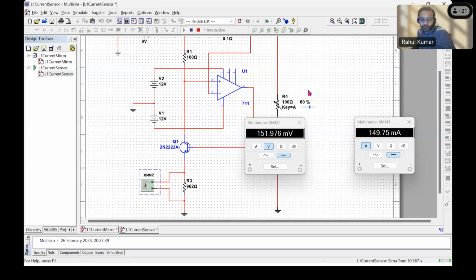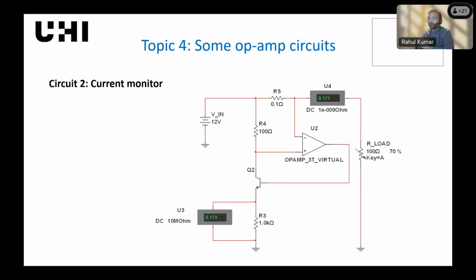So you can change the output resistance. It still gives you a value quite close to your ammeter. So this circuit can be used to replace the ammeter. So instead of using an ammeter, you can use only a voltmeter and use the same number. Okay.